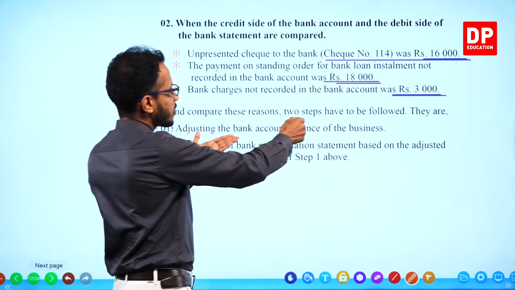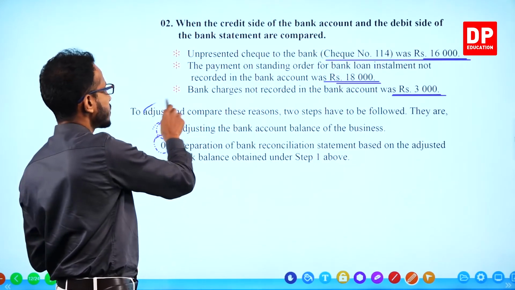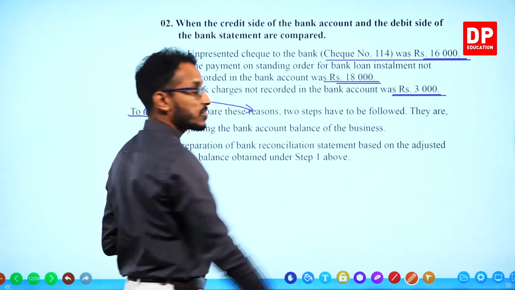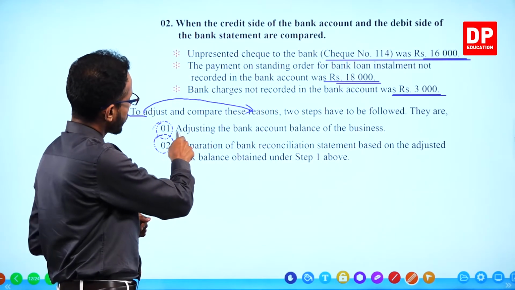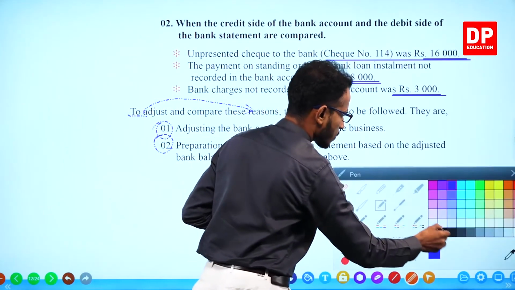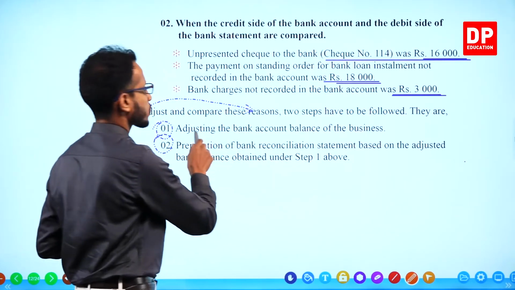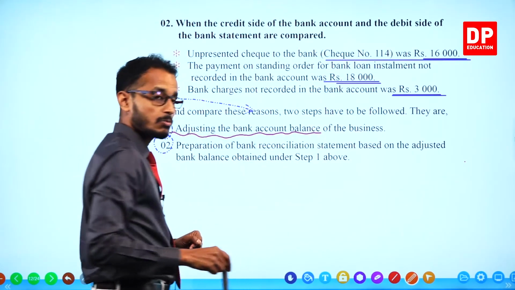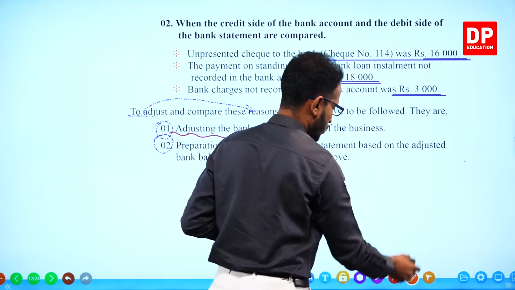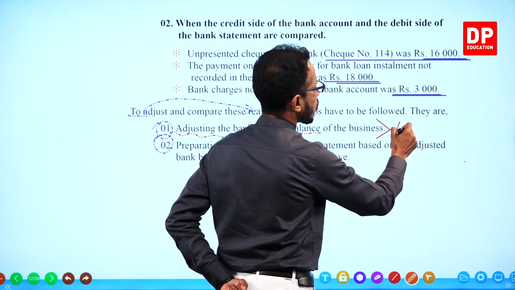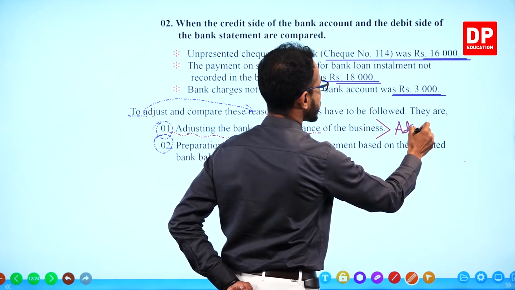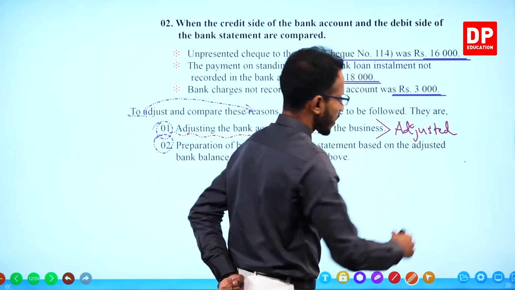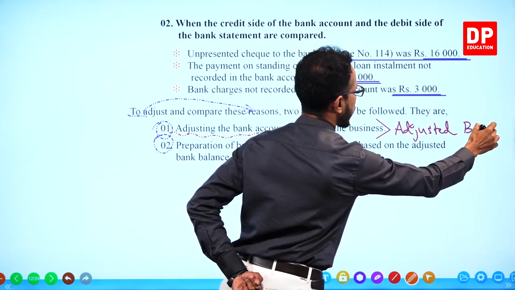Okay, that's why it says here, adjust and compare these reasons. To adjust these reasons, two steps should be followed. First step, adjusting the bank account balance. So to do this, we prepare something called the adjusted bank account.